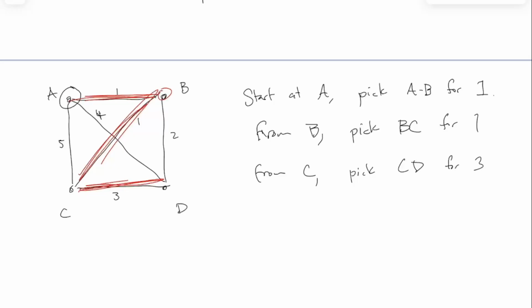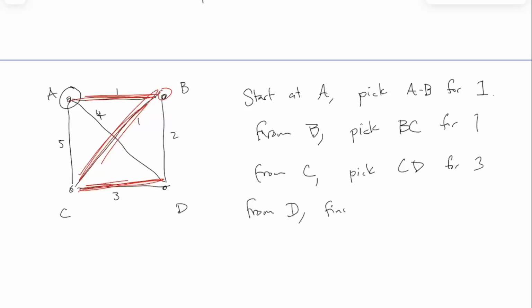And then from D, again, you have to pick a legal edge here. From D, you might say my choices are 2 or 4, but actually don't do the 2 because that makes a 3-way intersection at B, which is not allowed in a Hamilton circuit. It also closes up a sub-circuit, which is not allowed. You must go across to A. So from D, there's only one legal move at this point.